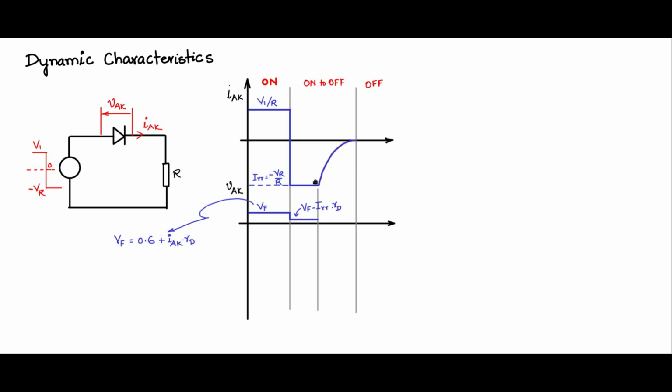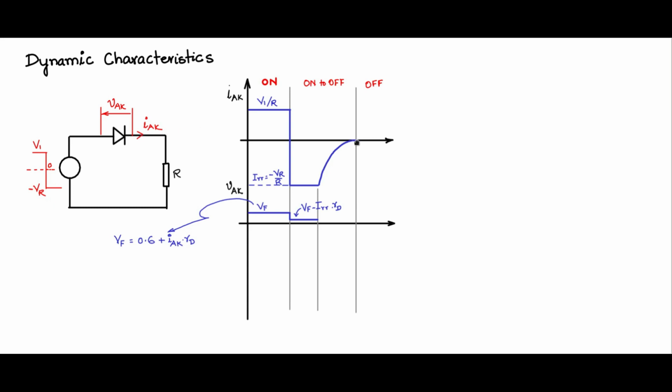So then you will see that the current will start gradually going towards 0 once all the stored charges in the diode are removed. Then the diode will have its blocking capability restored, the reverse off state resistance will become infinite, and the current IAK will go to 0.